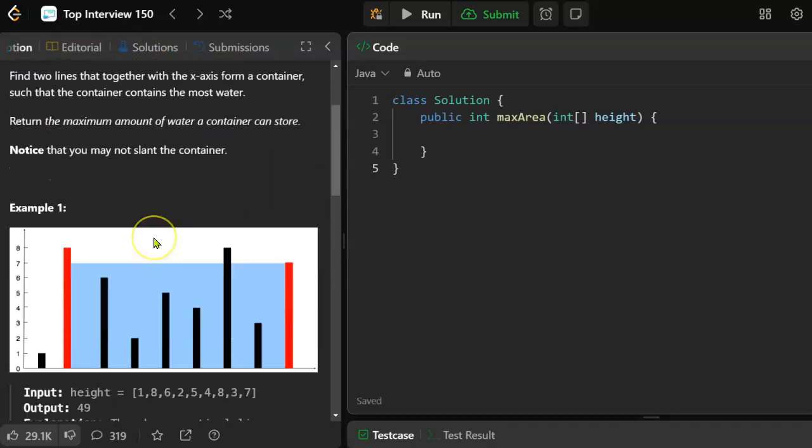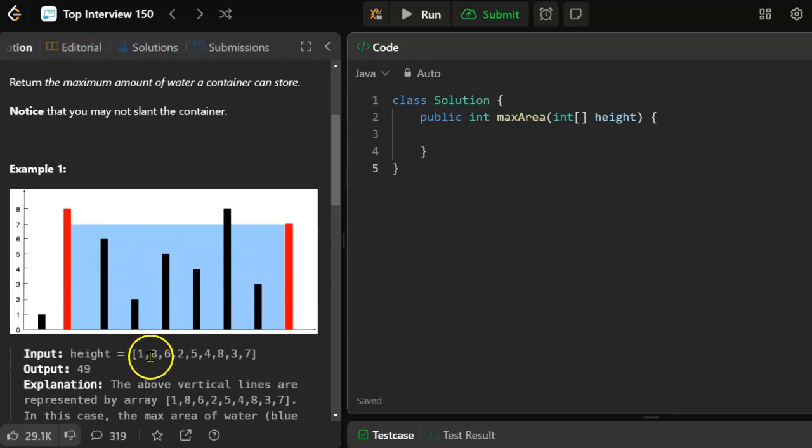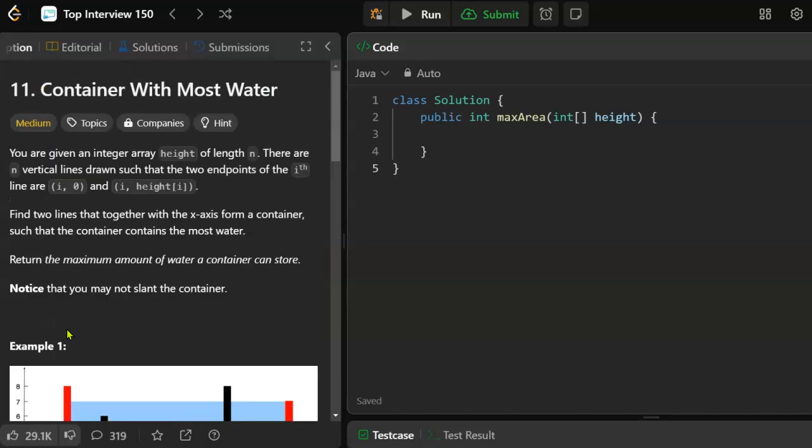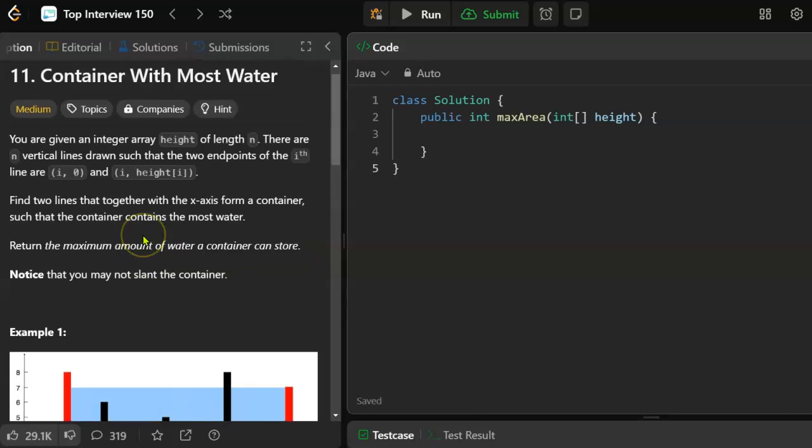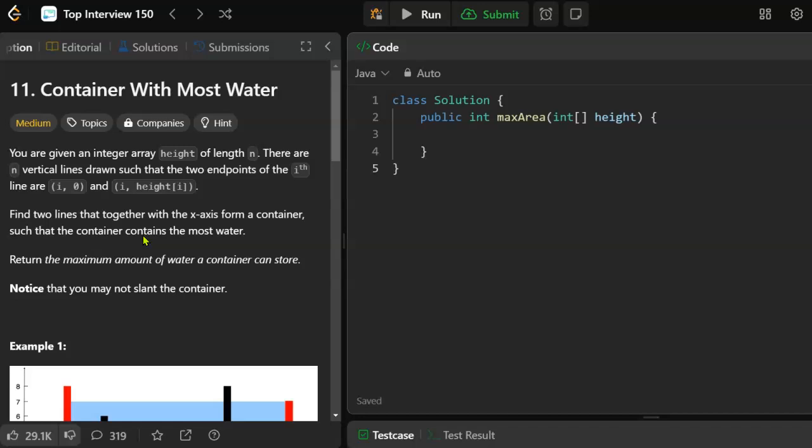Yeah, okay. The next line, 8, so the endpoints are at (1, 0) and (1, 8). An easier way to think about it is that these represent the height of each line. Okay, let's think about it that way.